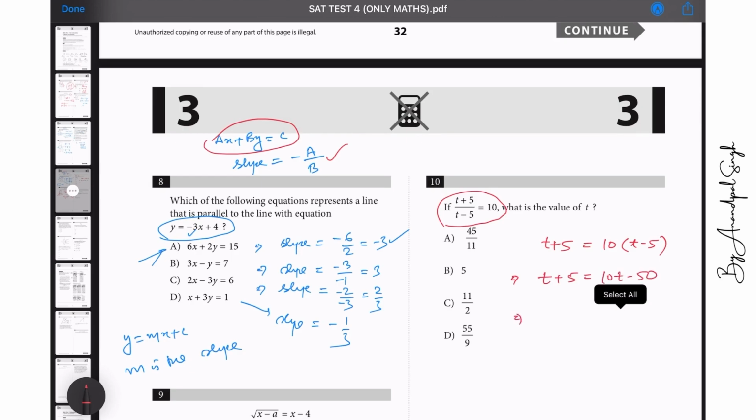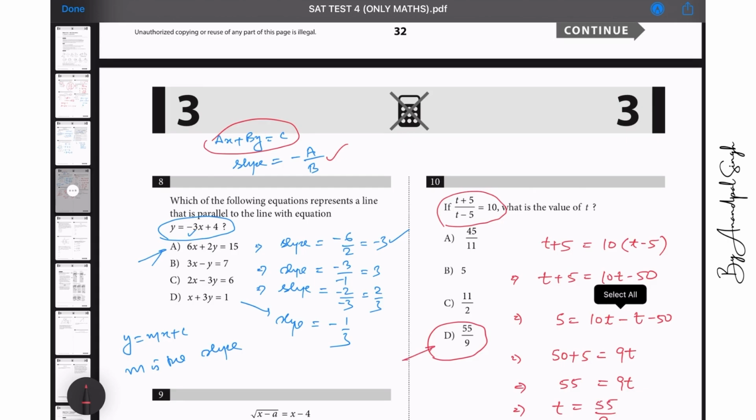Then subtracting t from both sides, we get 5 equals 10t minus t minus 50. Then adding 50 to both sides, I get 50 plus 5 equals 9t. It means 55 equals 9t. Dividing both sides by 9, I get 55 over 9 as t. So this is the answer.